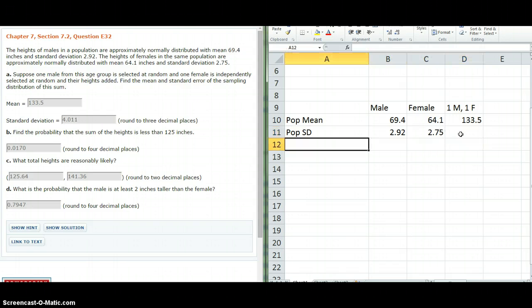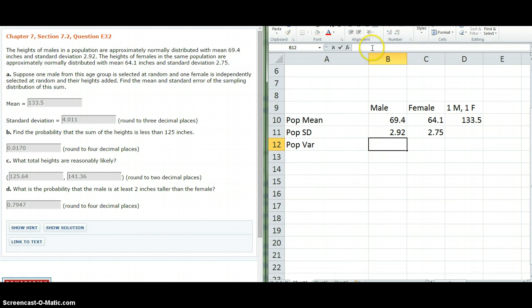Although we can't add standard deviations, we can add variance. Variance is linear, and so let's get the population variance for each of these groups. Well, how would we find that since we don't have all the things we need for the typical formula for variance? Well, we know that the relationship between variance and standard deviation is that variance is standard deviation squared.